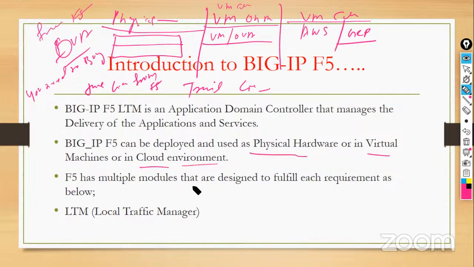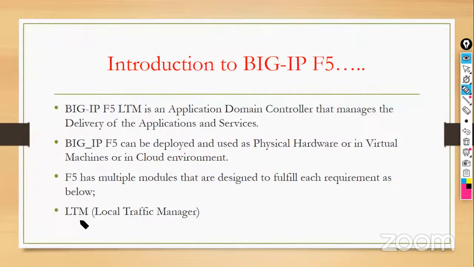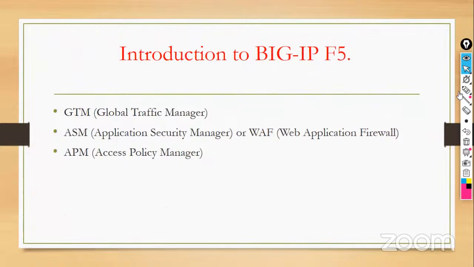F5 has multiple modules that are designed to fulfill each requirement as below. We discussed, right, that F5 has multiple modules. So this is your Local Traffic Manager, which is called LTM in short form. The other module is GTM, the Global Traffic Manager, right?